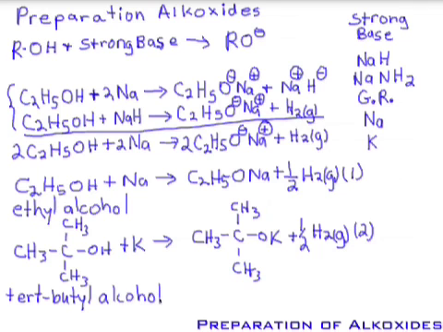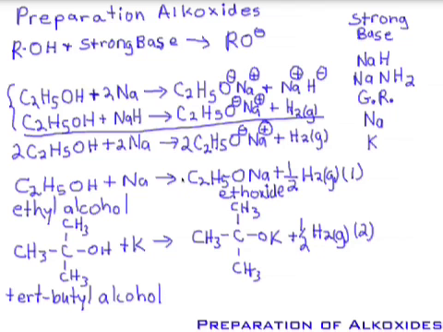All you do to the alcohol name is drop the YL and the alcohol and add oxide for oxygen. So ethyl alcohol becomes ethoxide. And the Na, if it's there, if it was just C2H5O minus, you'd say ethoxide.